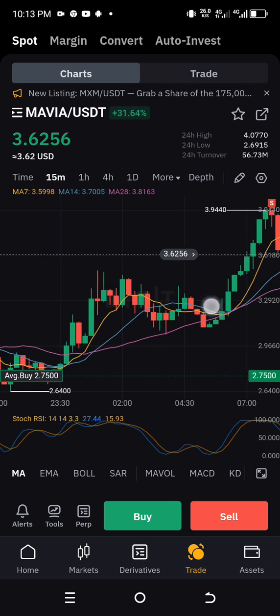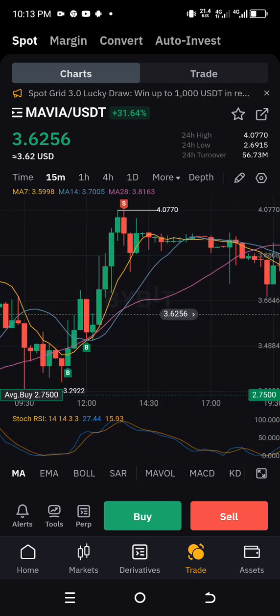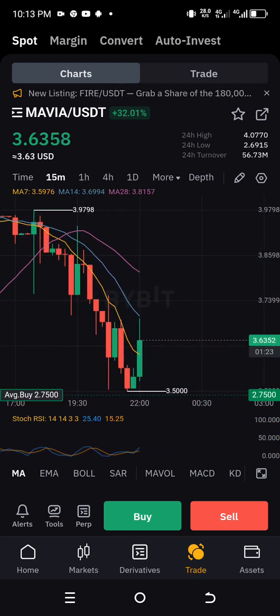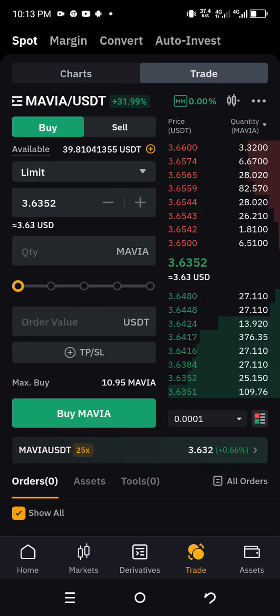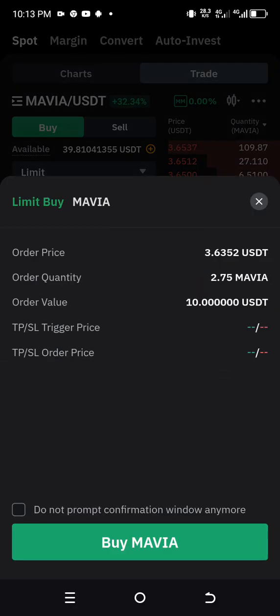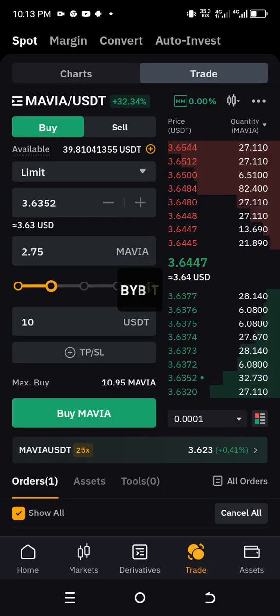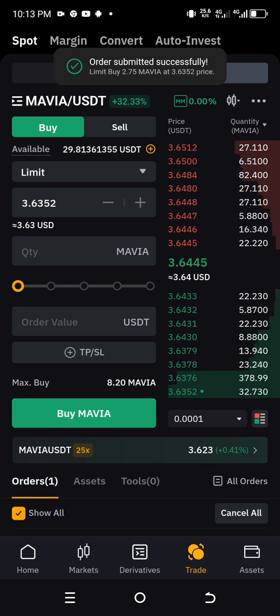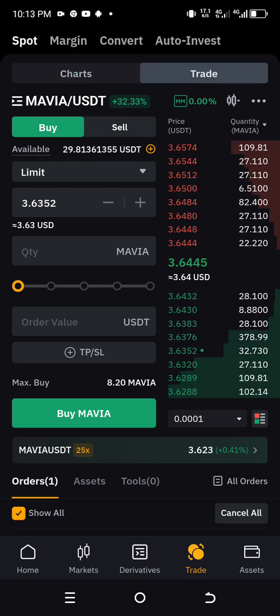The first thing to do is to buy at the current market, as the market is trying to move. I'm using 10 USDT to buy, so I've divided my capital. I'm using 10 USDT to enter an instant market.